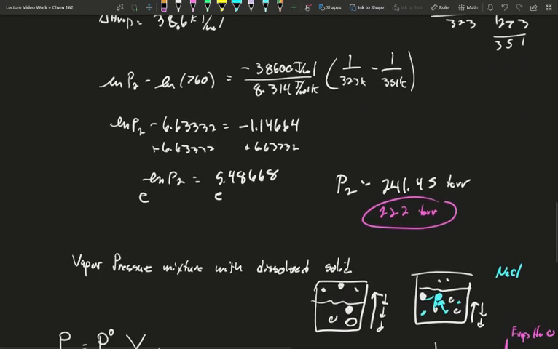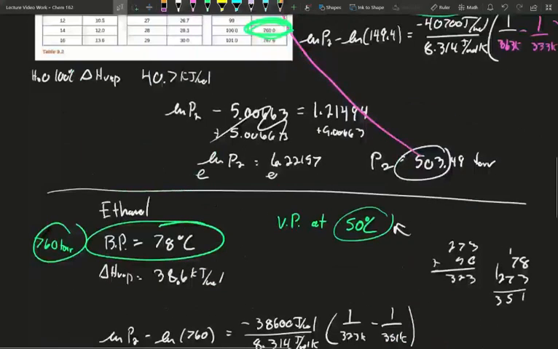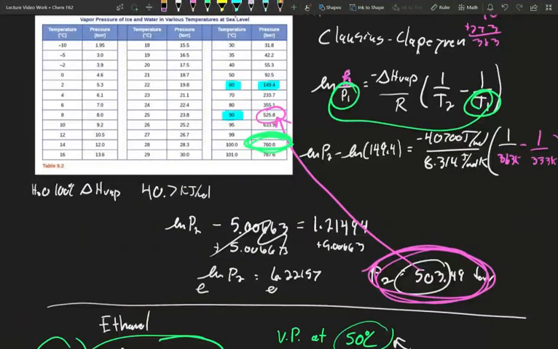If we go back to that value we calculated, we found it was about 503, but let's go ahead and just pull it from the table this time, for a slightly more accurate value since we're not calculating from two different temps. 526 torr.